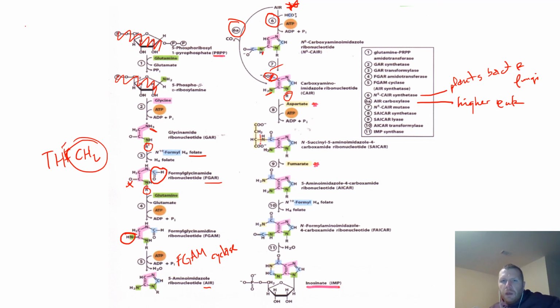Now, once we have that, we're going to use the enzyme SAICAR synthetase. SAICAR is N-succinyl 5-aminoimidazole 4-carboxamide ribonucleotide.